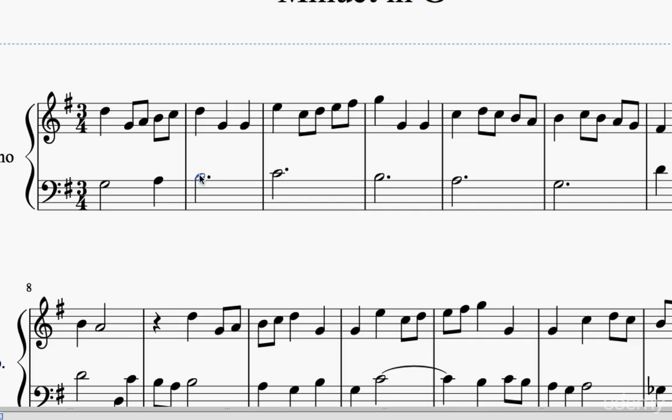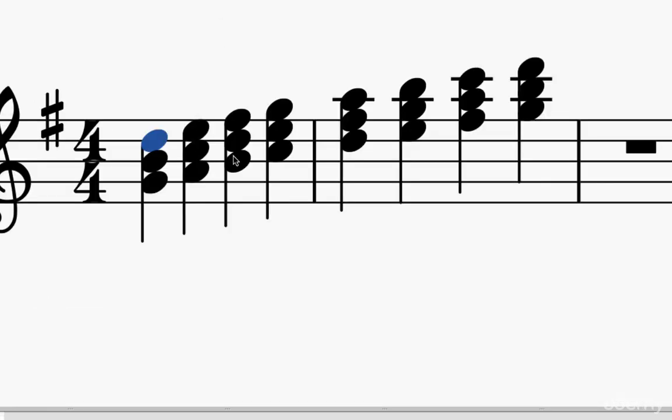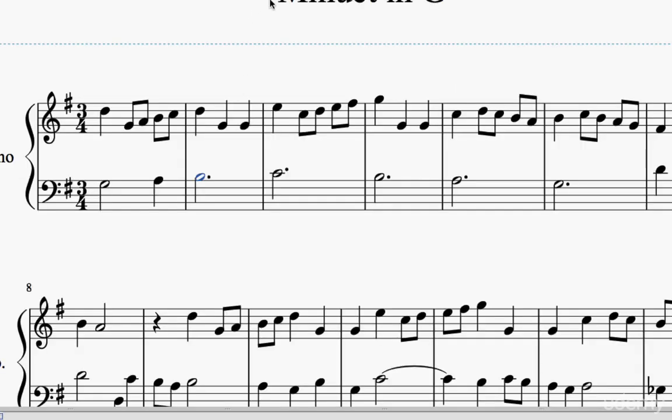We have a B, a D, and a G. Now, interesting here, because let's just run on the assumption that our bass note is telling us what chord it is, okay? If this was a B, a chord built on B, let's go over to our little worksheet here. B, D, and F sharp is what we would expect, right?